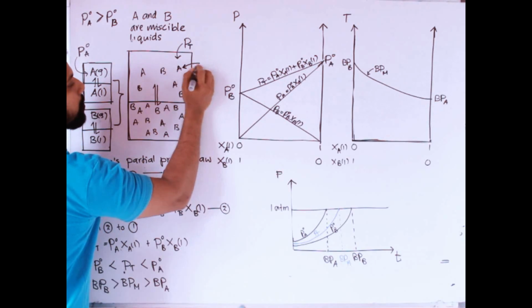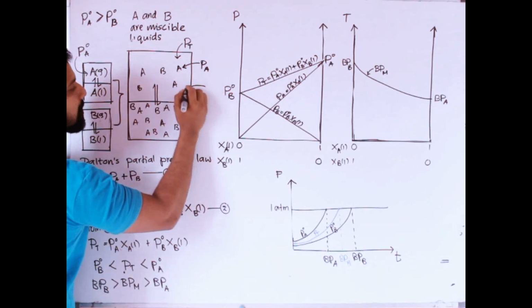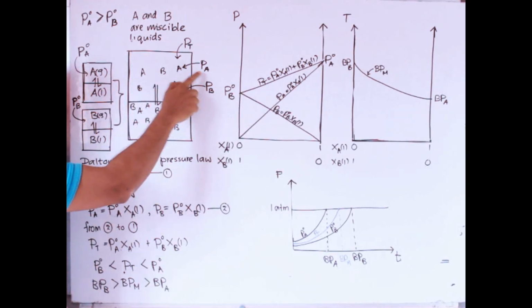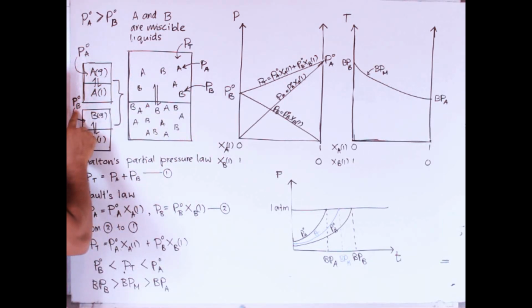The vapor pressure produced by each component will be less than their saturated vapor pressures. PA is less than P0 A, PB is less than P0 B.